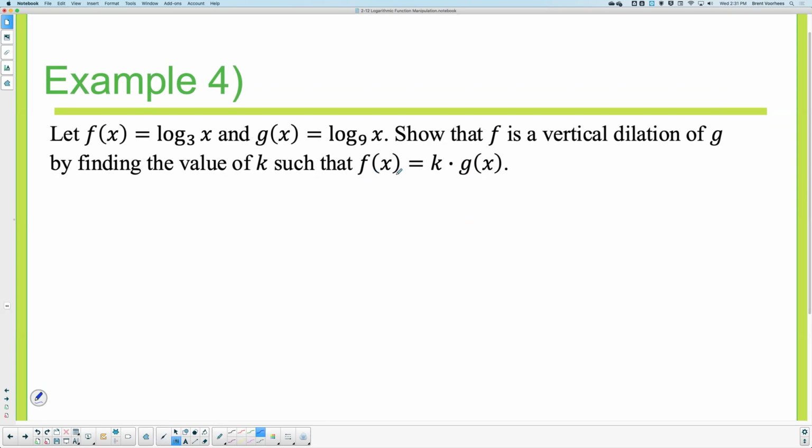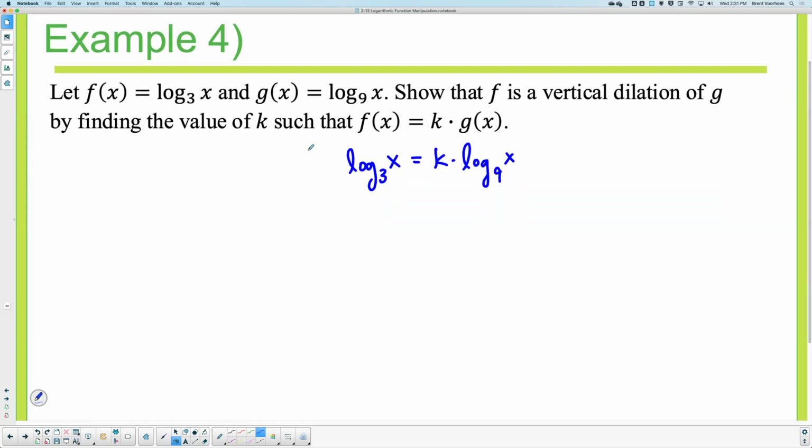What represents f of x? We should have that log base 3 of x equals some value k times g of x. That's what we should end up with in the very end. We know where we're going, except we're going to have some number to plug in for k.